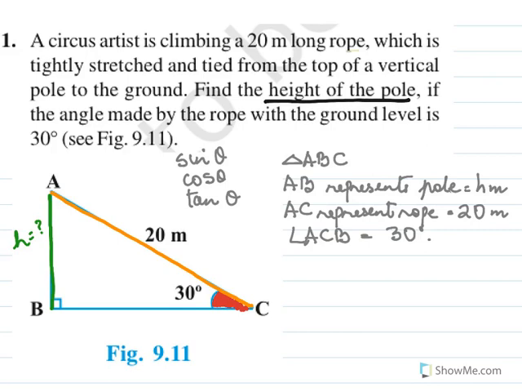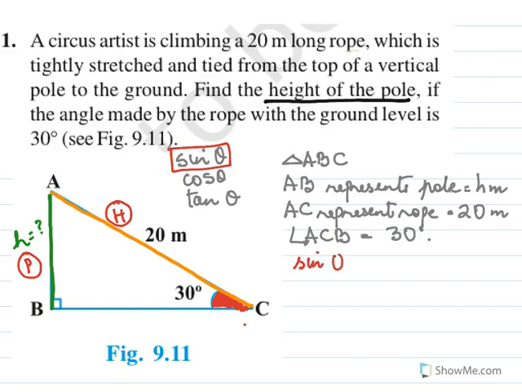Now when it comes to 30, you see AC, the 20, is the hypotenuse, and AB, which we need to find out, is the perpendicular. Now which ratio deals with perpendicular and hypotenuse? You know the ratio is sine. So we are going to start using sin theta.